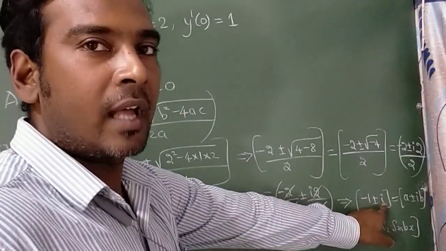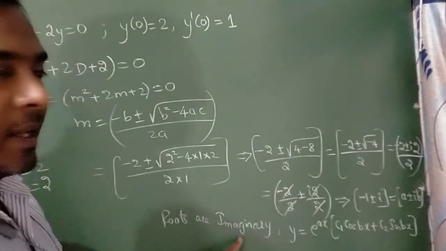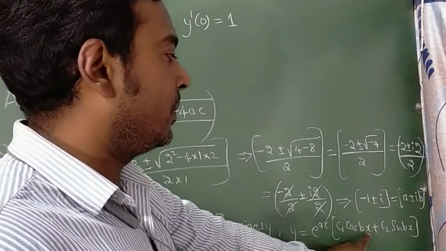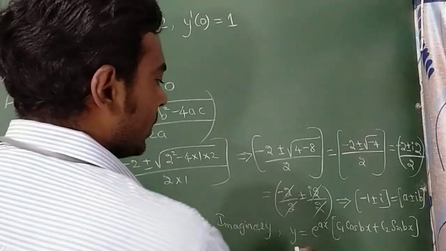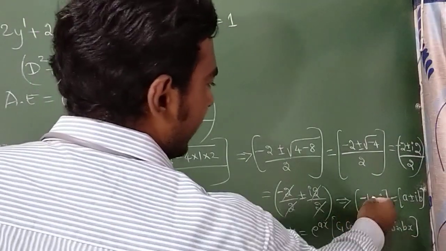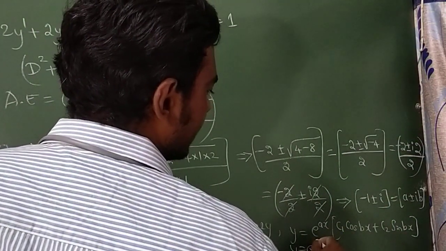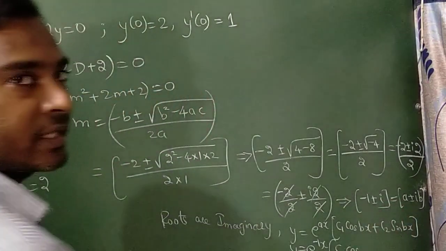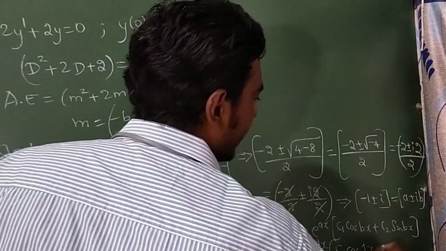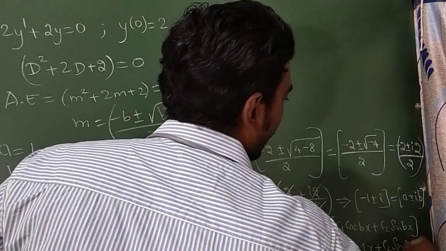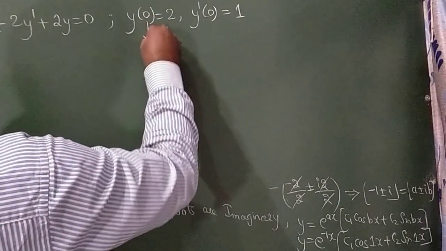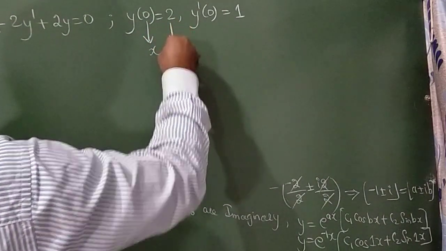So this is a plus or minus ib. Since we have got i, we call that root imaginary. For that there is a formula, y is equal to e raised to ax, c1 cos bx plus c2 sin bx. So y is equal to, in place of a I must write minus 1 into x, e raised to minus x, c1 cos, in place of b the coefficient is 1, so I write 1x, plus c2 sin, again 1x. Fine. Now this is x value and this is y value.